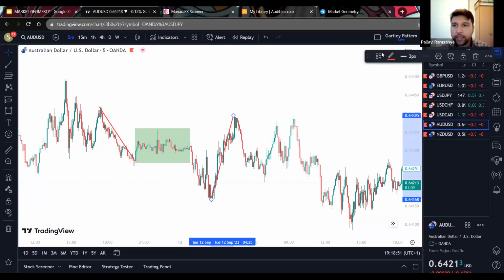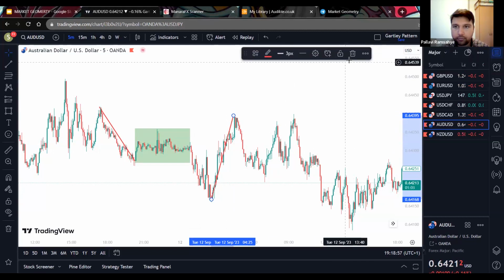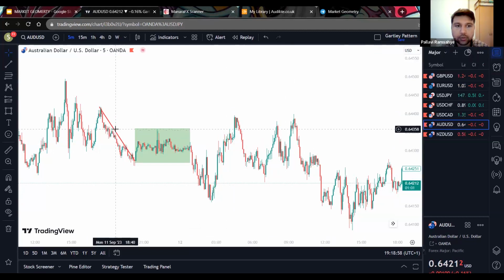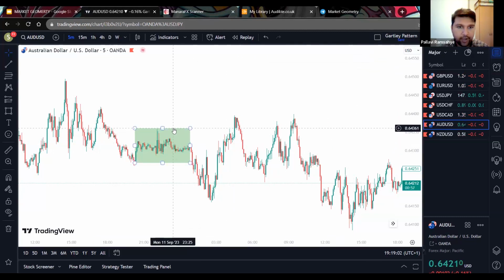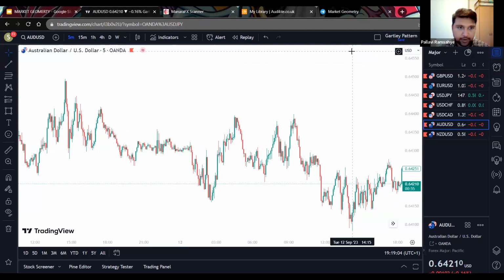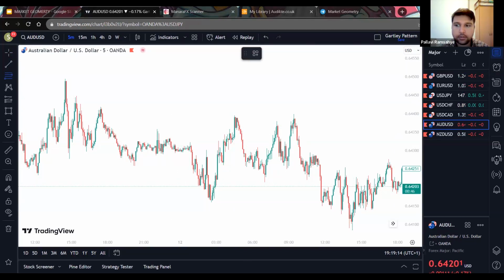So coming back to my question, what tool are we placing on our impulsive move? If anybody could pop that in the chat, that'd be great. Does anybody recall Fibonacci? The Fibonacci, perfect, the fib.